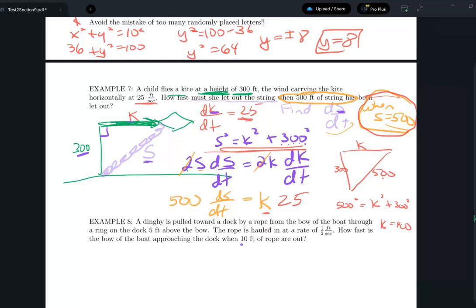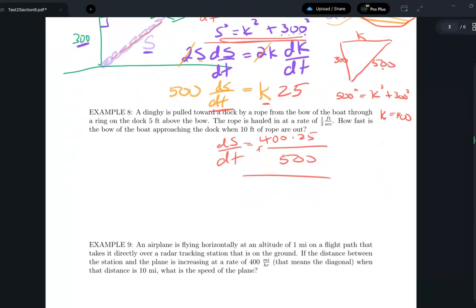So I put that in. So I get 500 divided, oops, went the wrong way. We're trying to solve for ds over dt. So to solve for ds over dt, I would get K, which is 400, times 25 over 500, and that's ds over dt. Again, it should make sense. This is positive. This length S is growing as the kite moves out that way.